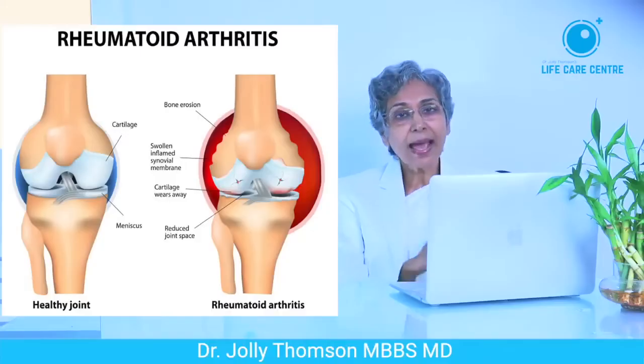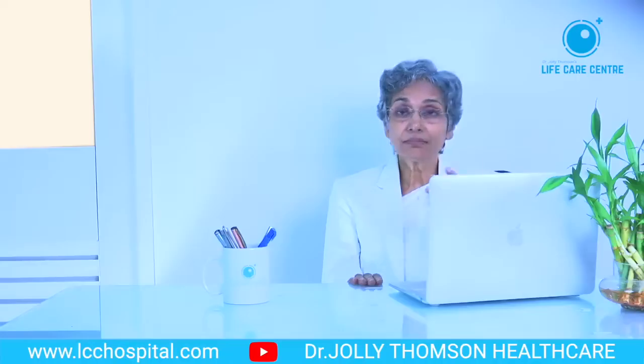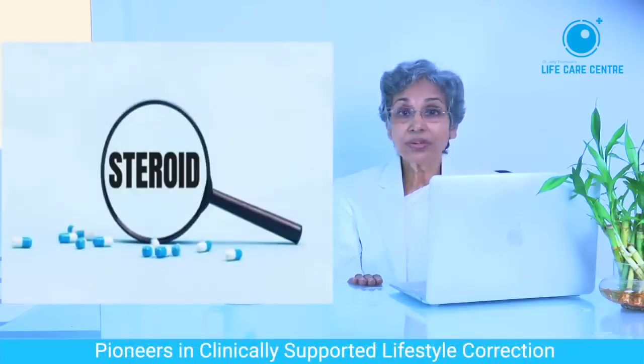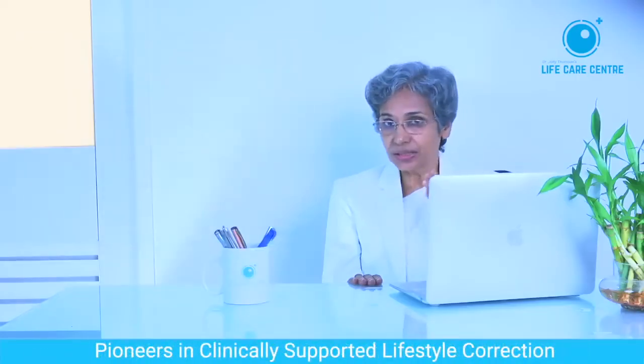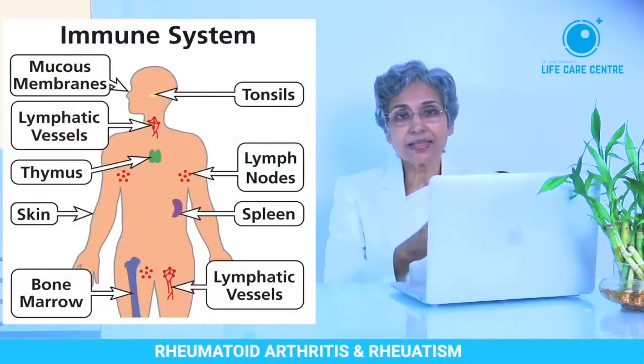And if the patient is already on medication for rheumatoid arthritis, such as steroids and anti-inflammatory agents, weight gain is possible. These medications can affect the immune system in multiple ways, and other diseases can coexist or add up.